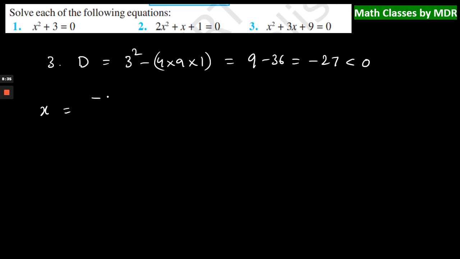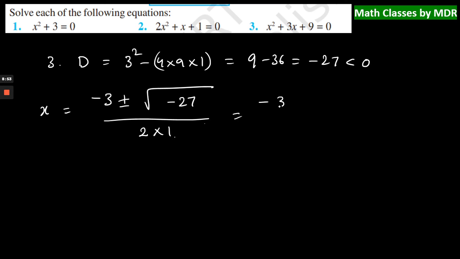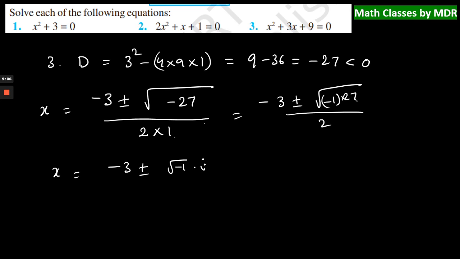So let us see: minus 3 plus or minus root of b squared minus 4ac. You can take this value directly. Can I take? Yes, I can. Minus 27 by 2 into a, where a is 1. So this is minus 3 plus or minus root of minus 1 into 27, by 2. Further it can be written as minus 3 plus or minus root minus 1 into root 27.